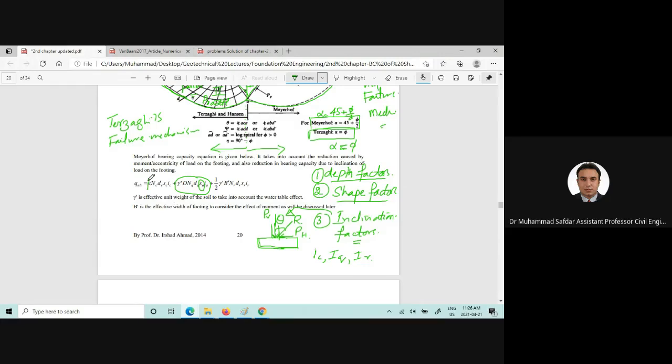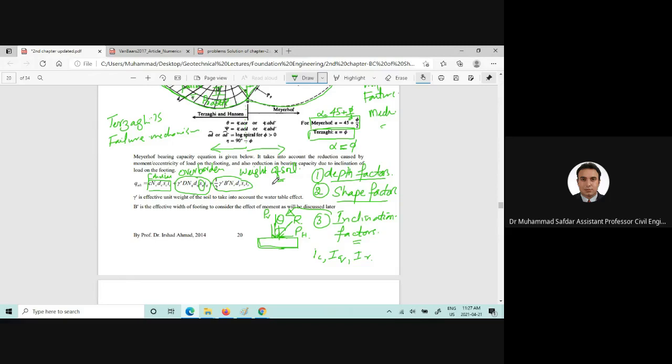So let me write again that this is due to the cohesion of the soil, and bearing capacity contribution due to the overburden, and also due to the weight of the soil beneath the foundation.